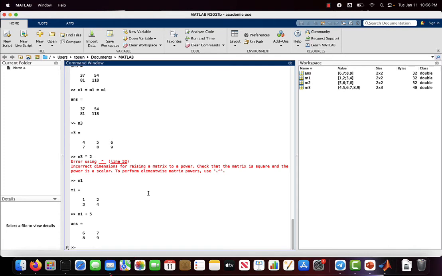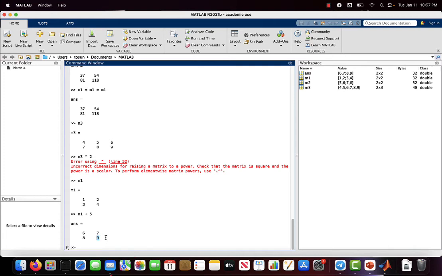Now the result is the addition of 5 and m1. Matlab will add 5 to each element of m1: 1 plus 5 is 6, 2 plus 5 is 7, 3 plus 5 is 8, and 4 plus 5 is 9.